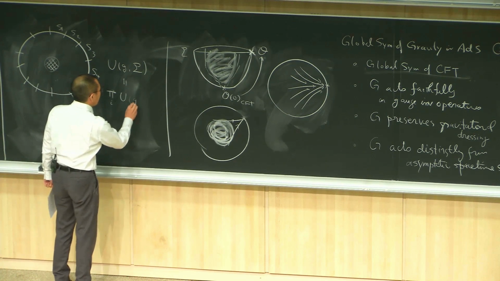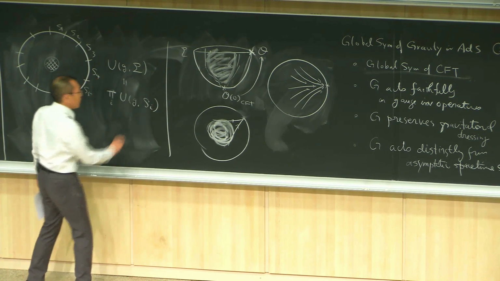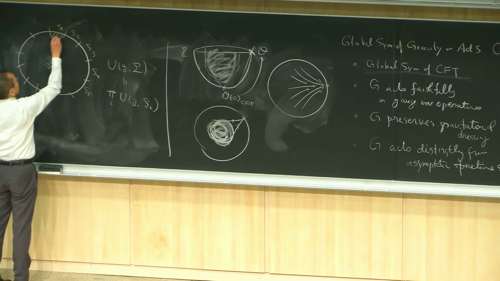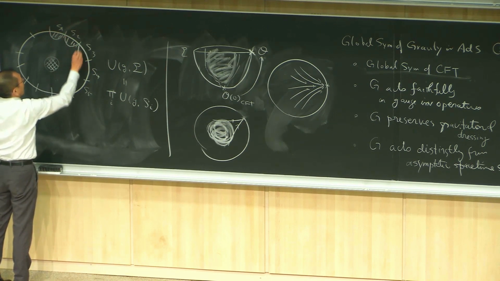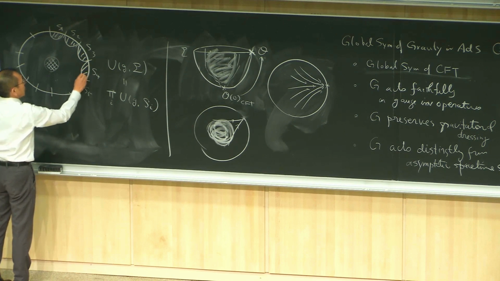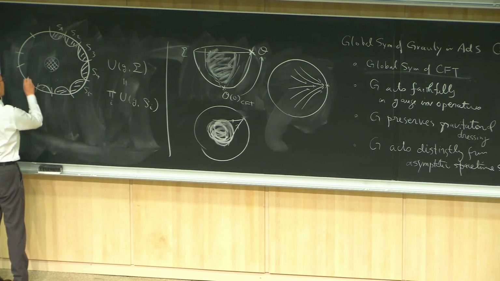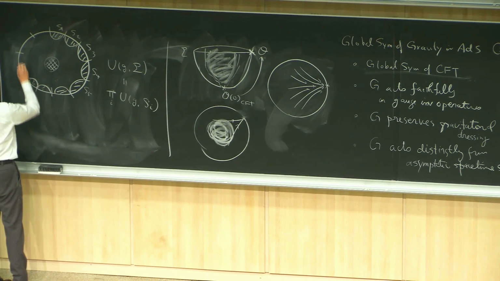So therefore, you should be able to write it as a product of operators acting on each of these segments on the boundary. But because of the property of closed subspace, each of these operators can act only on the entanglement wedge associated to each of these boundary segments.